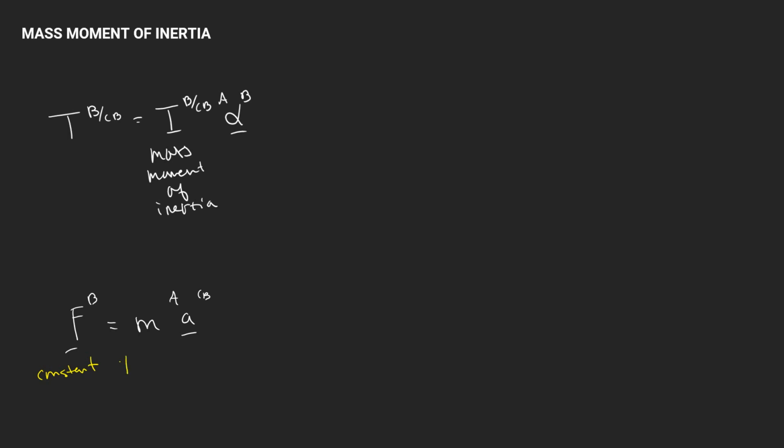As the mass of the object increases, the acceleration resulting from that force is going to decrease, right? Again, that's because our force is constant. And so you can think of mass as almost like a resistance to a force.